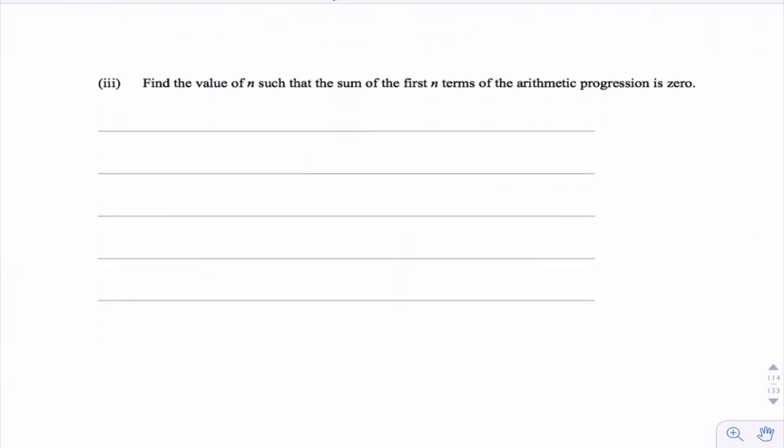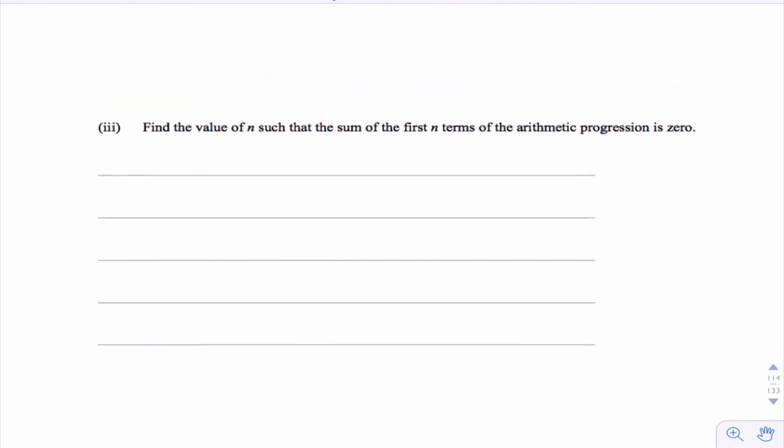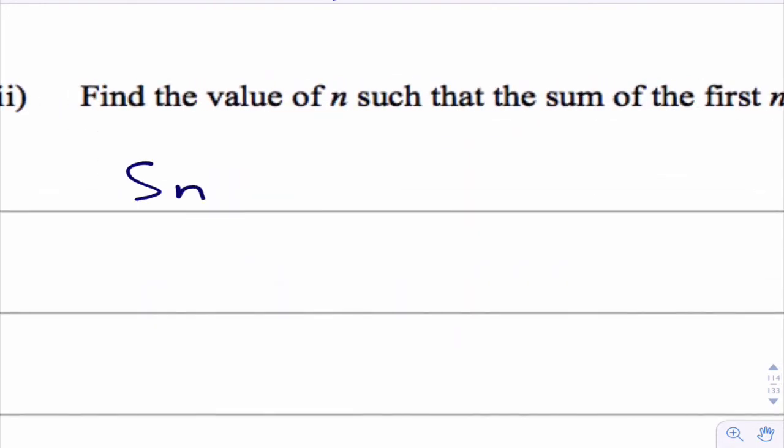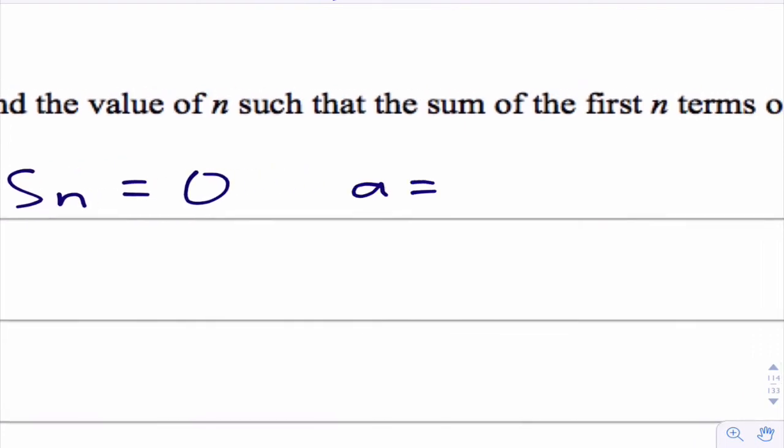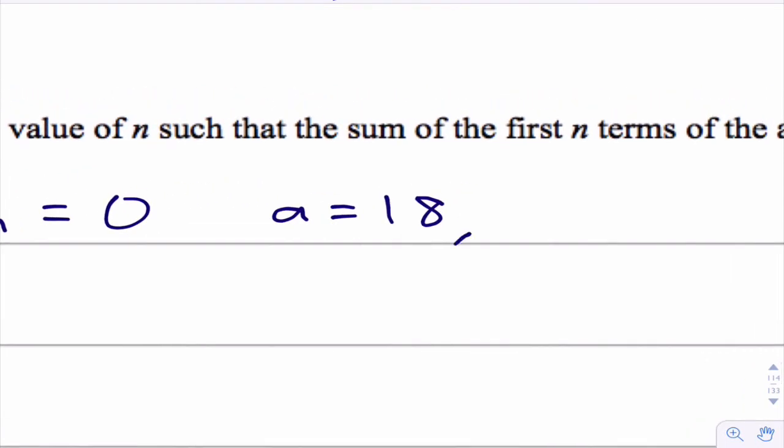Last part of this question, find the value of n such that the sum of the first n terms of the arithmetic progression is 0. Alright, so we want the sum of n terms to be equal to 0. We've got a first term of 18 and we've got a common difference of negative 2.